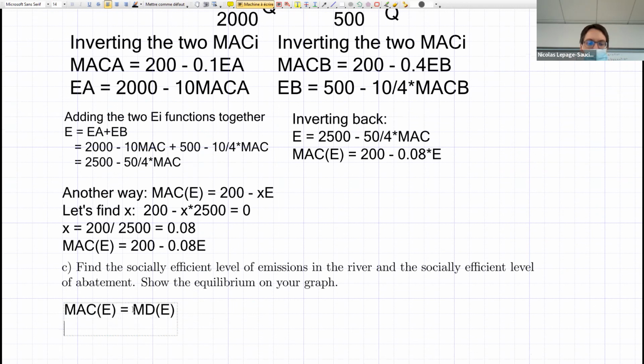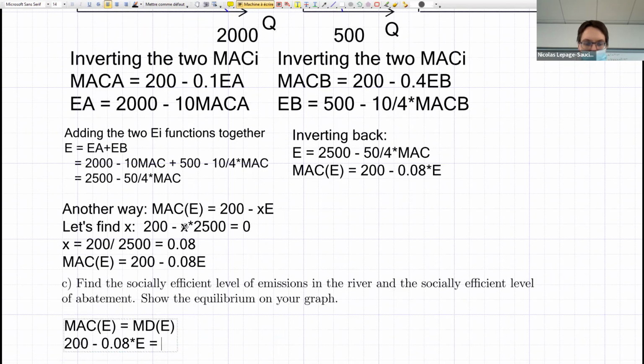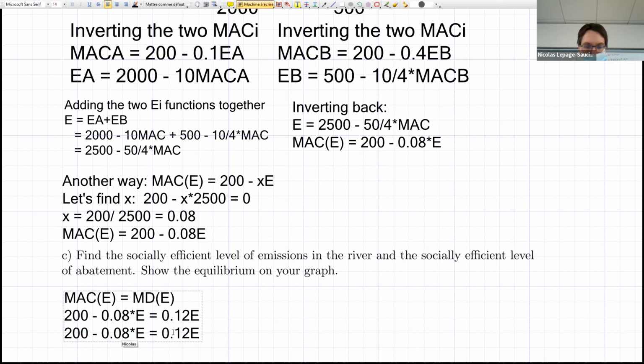Yeah, so you find that the marginal abatement cost equals marginal damage. So when I just said it's 0.12, right? I think. I get point, so 12 plus 6 equals to 1.